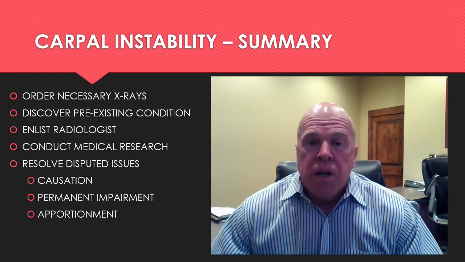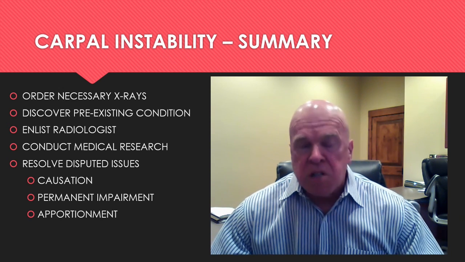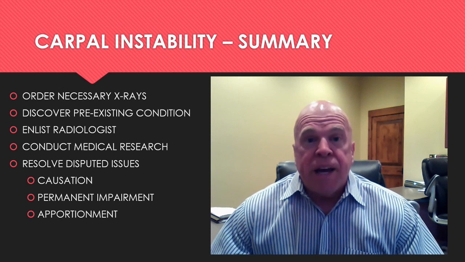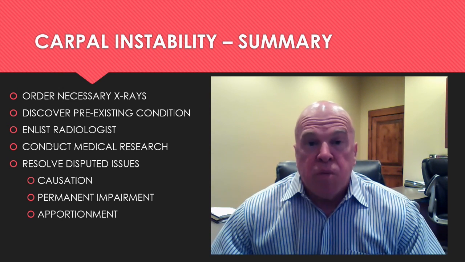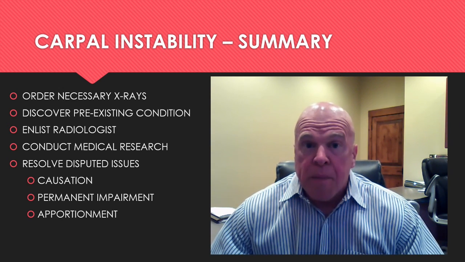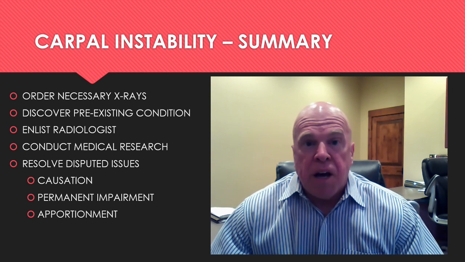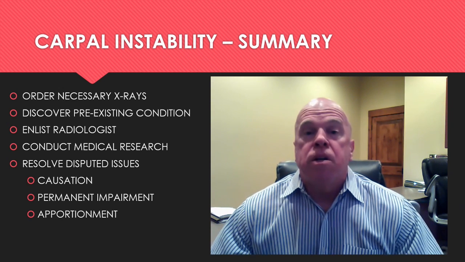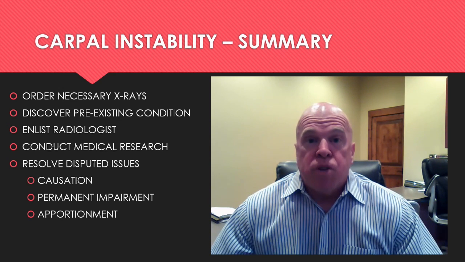Now, unlike the shoulder, in the wrist, instability assessment is done primarily on the X-ray studies. With the shoulder, the instability assessment is done primarily on physical exam. Well, in the wrist, that makes the 6-view wrist series required. It's required in the assessment of these impairments for these wrist injury cases.